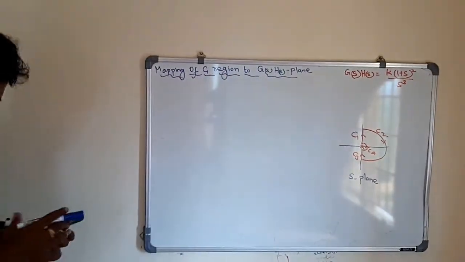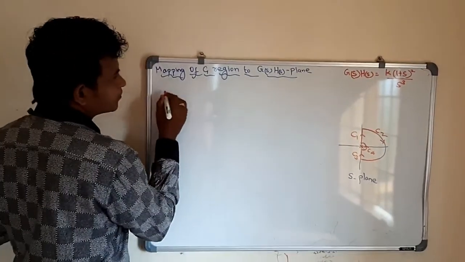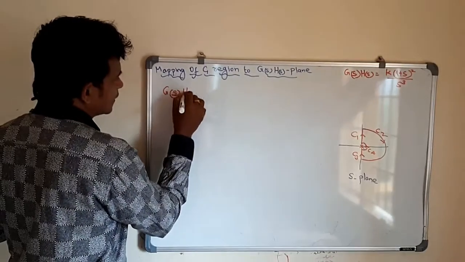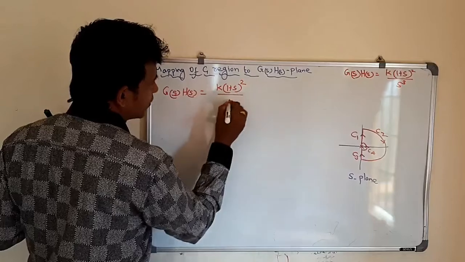Okay, so here, let me write the transfer function again. G(s)H(s) is equal to k into (1 plus s) the whole square divided by s cube.